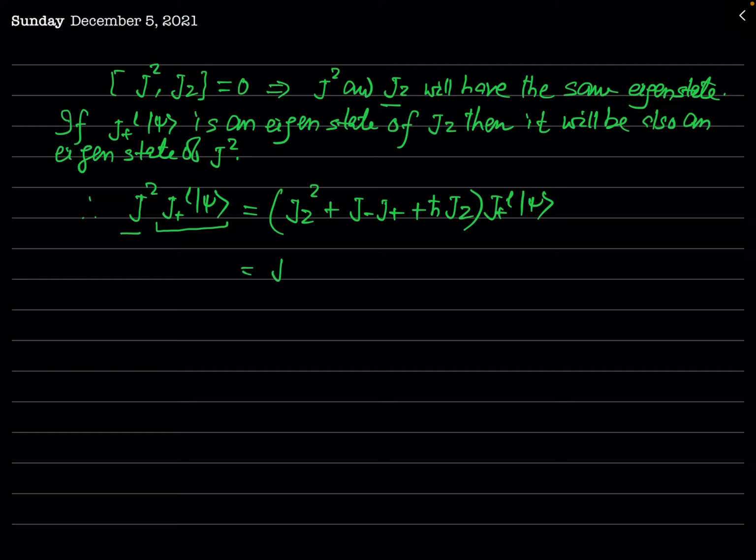You can see this can be written as jz square j plus L k psi plus j minus j plus L k psi and plus h bar jz j plus L k psi.